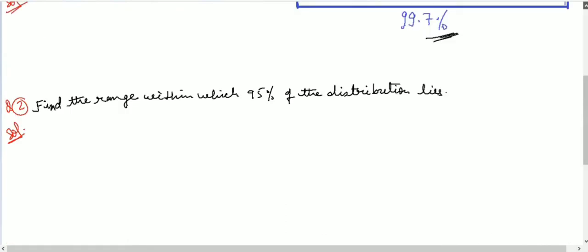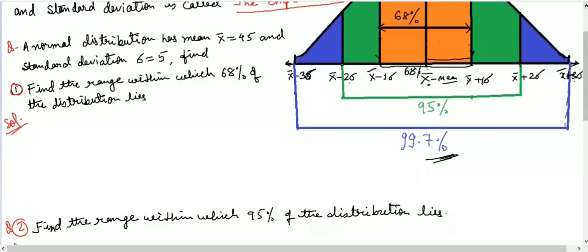Let's jump to a few questions. First question: a normal distribution has mean x bar equal to 45, and standard deviation, which is represented by this sign, is 5. We have to find the range within which 68% of the distribution lies.